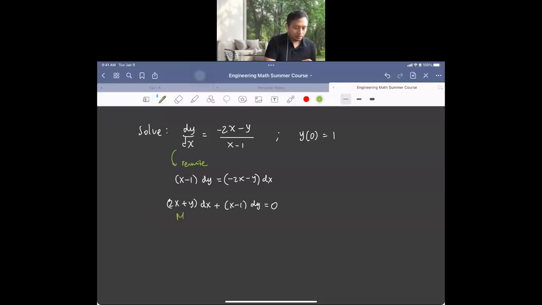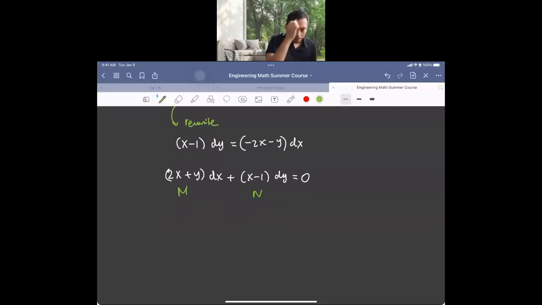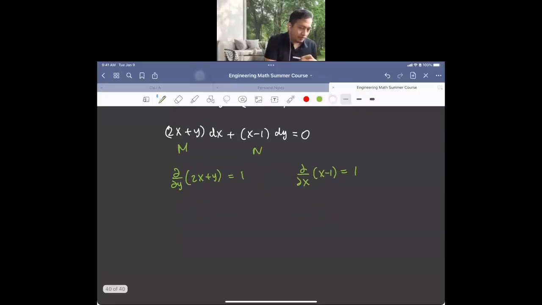Now let this become M and this become N. Suppose that this is exact, then we can check the partial with respect to x of x minus 1. This is 1, this is 1, so it's exact. Now M is 2x plus y, N is x minus 1.